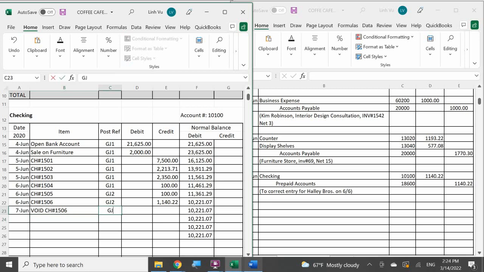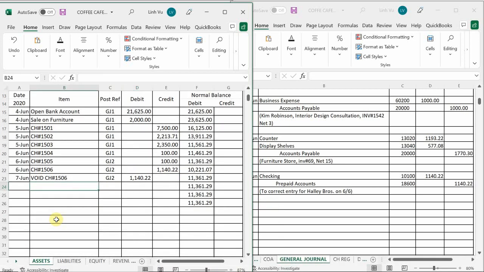Okay, and what does voiding a check do? It reverts the money back into your checking account for the 11.40 and 22 cents. So in this case, I go from 10,221 back to 11,361.